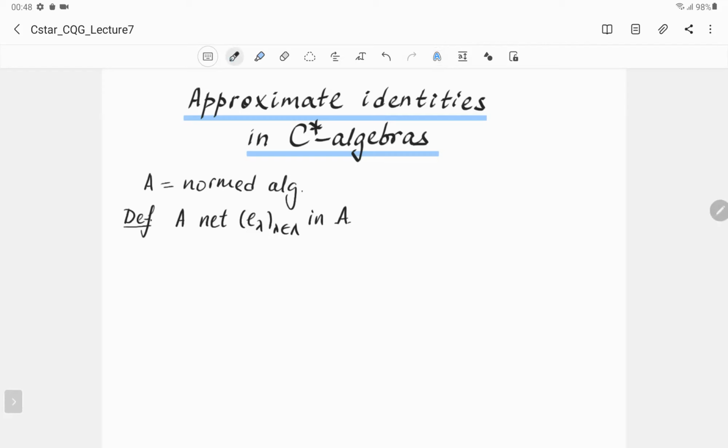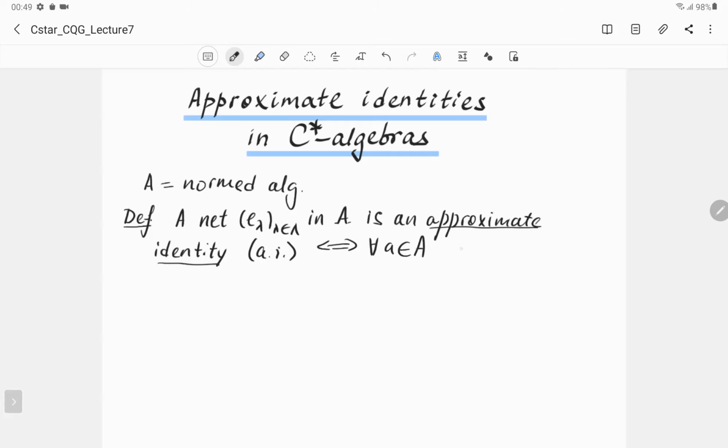Okay, so we say that a net e lambda in A is an approximate identity, AI for short, if for each element a in our algebra, e lambda a converges to a, and a e lambda converges to a.